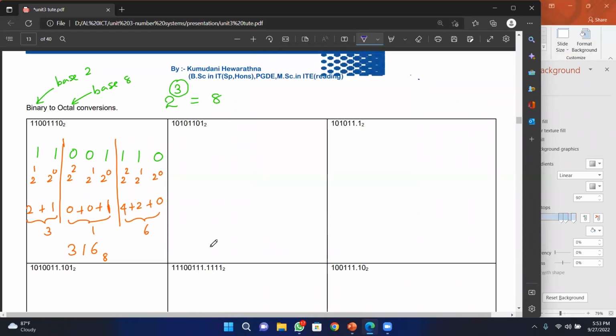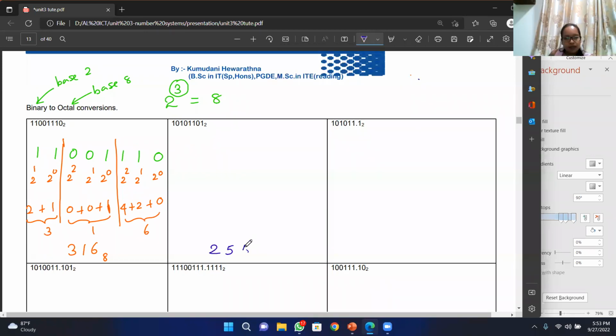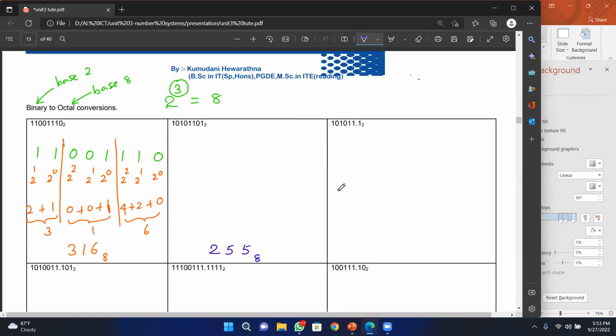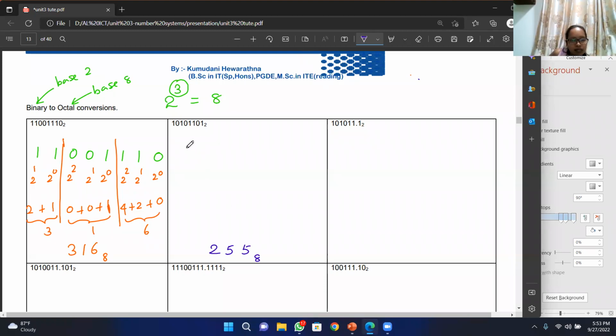255 to the base 8. Teacher, 255. Yes, teacher. 2 people have taken that answer.